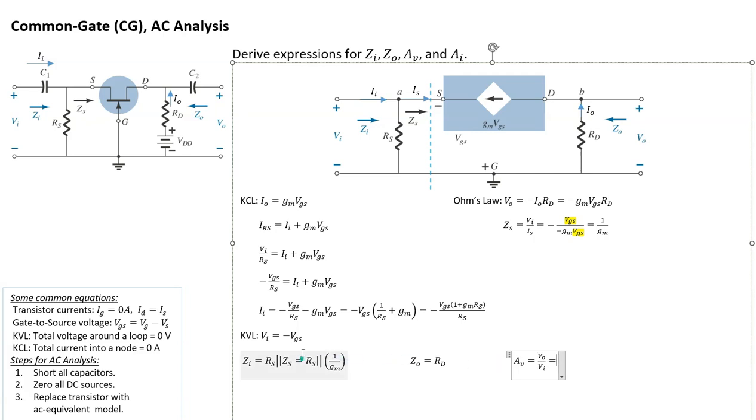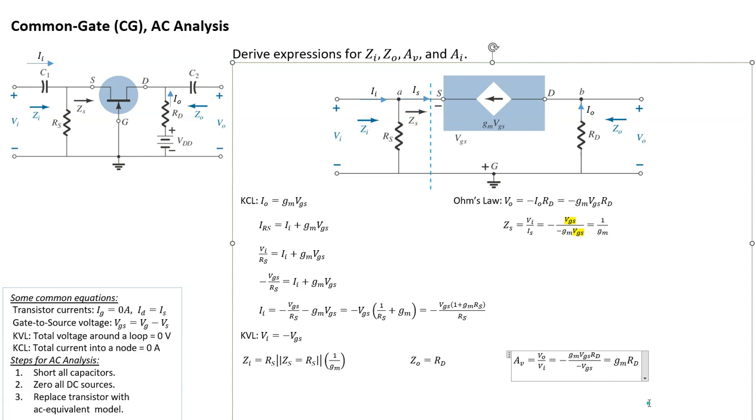We have an expression for VO, that's this here, and VI is just simply negative VGS, if you remember. So VGS comes out, the minus becomes plus, and what's left is just GM RD. Okay, so that is AV.